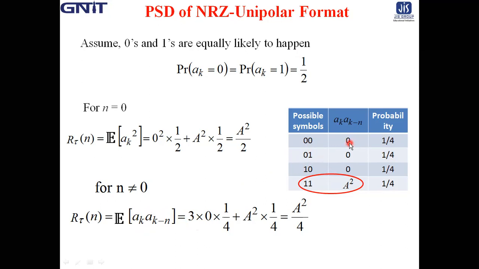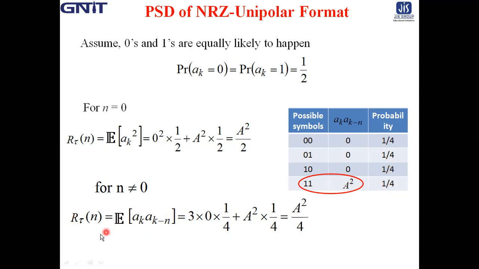So the products are 0, 0, 0, and the last one is A into A, that is A square. All sequences are equiprobable, so the probabilities of occurrence are 1 by 4, 1 by 4, 1 by 4, 1 by 4.